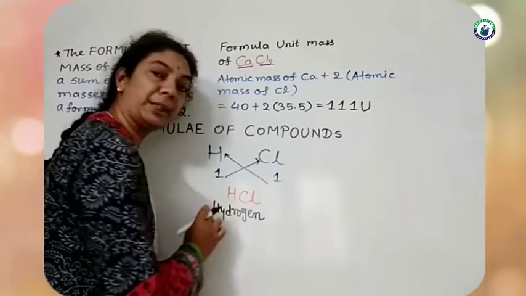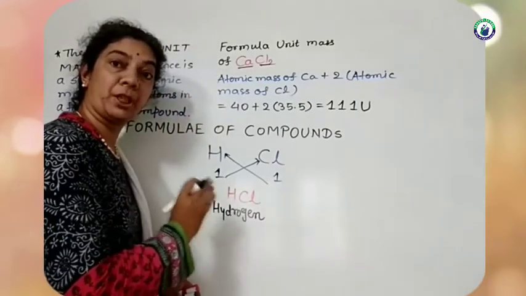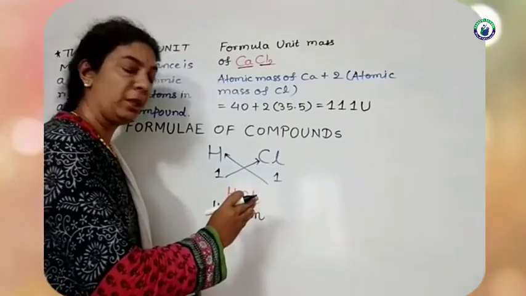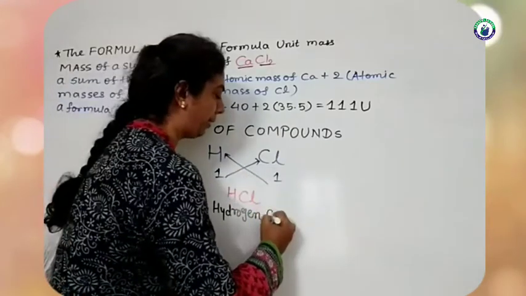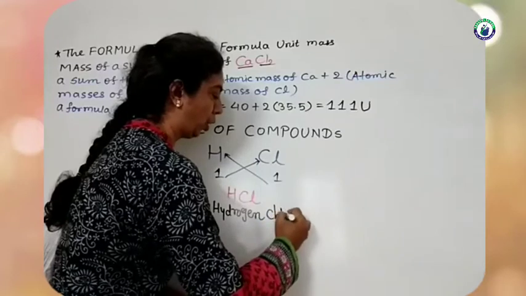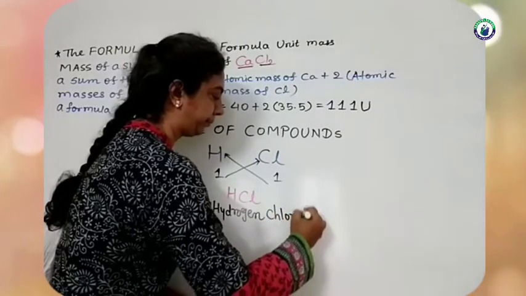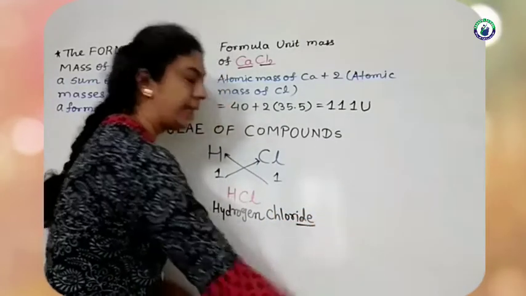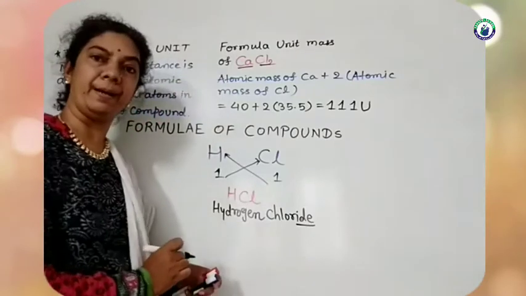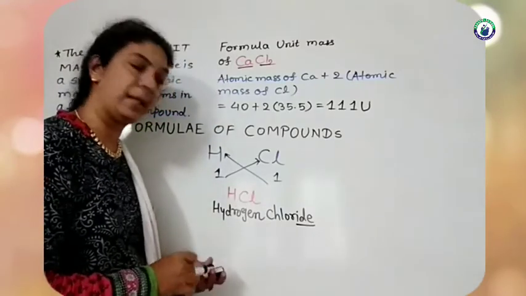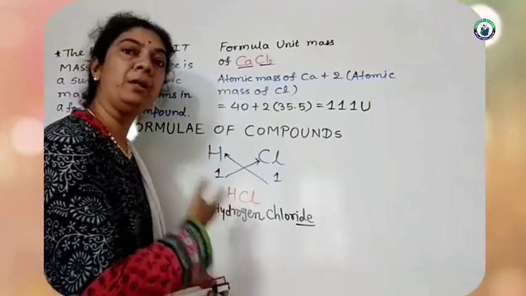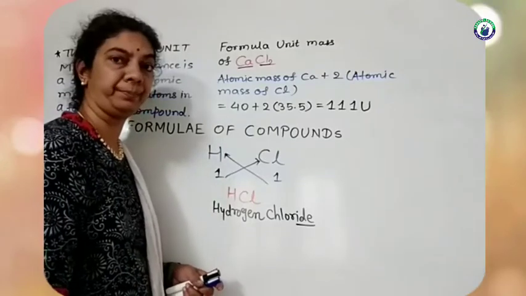The second element is chlorine. The suffix "ide" will be added, so the name is hydrogen chloride. This IDE has been added, it is the rule to write down the name from the chemical formula.